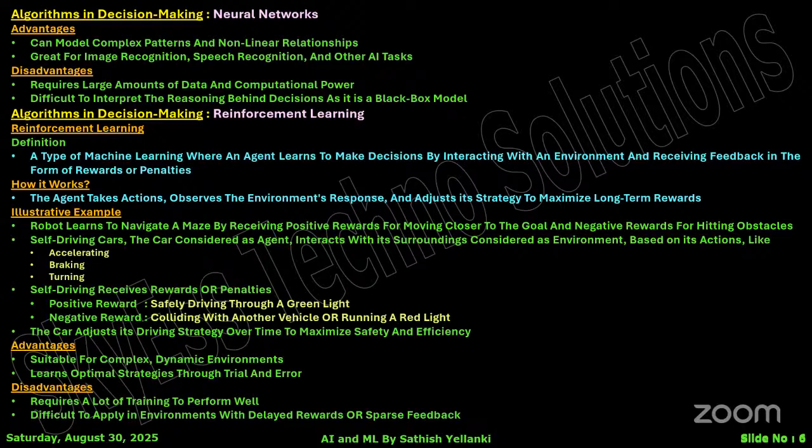The environment is nothing but external. Am I clear? Is that point clear, gentlemen? So providing the environment for reinforcement learning projects is really difficult in certain areas or not? So there are challenges.